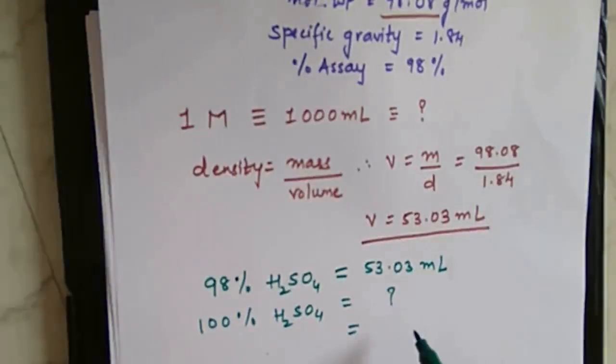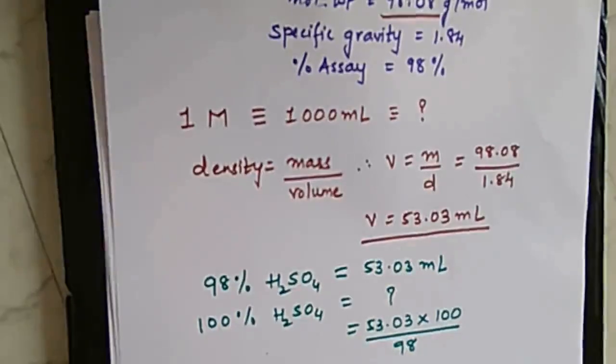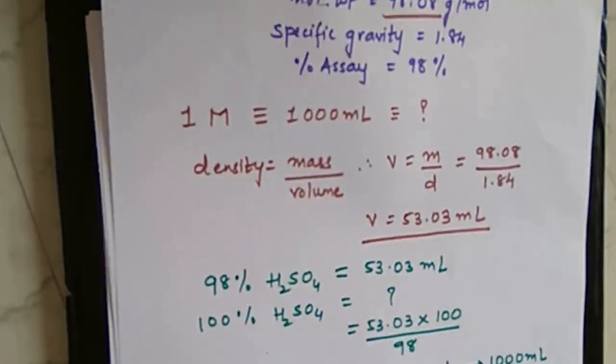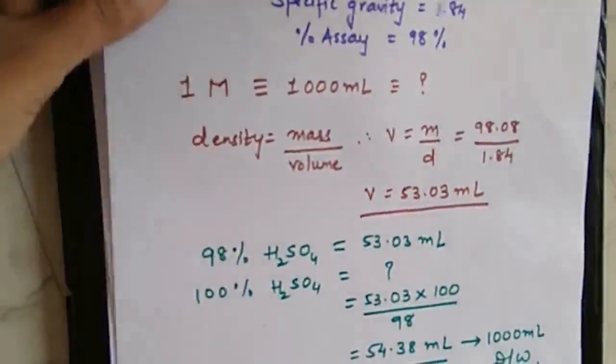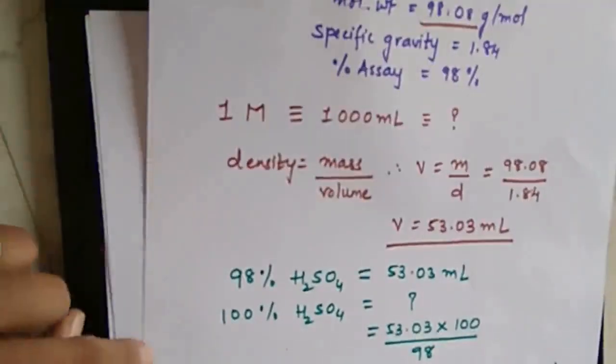So that will be equal to 53.03 into 100 divided by 98. Calculating this, we get 54.38 ml. 54.38 ml, we dilute it with 1000 ml of distilled water, and hence we get 1 molar of the sulfuric acid here. Hence we get the factor very easily by these two steps.